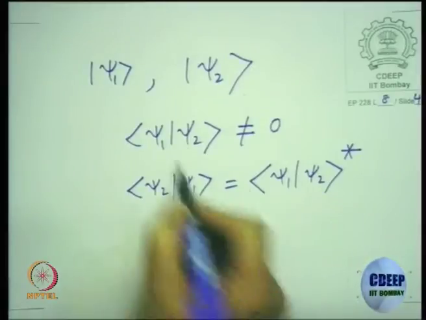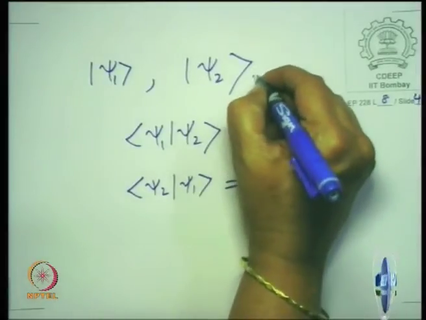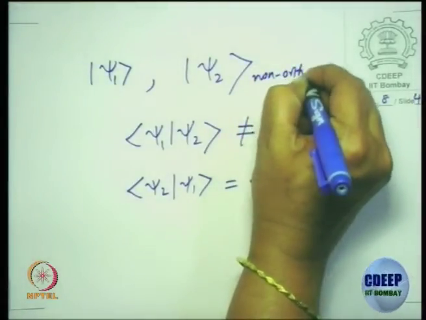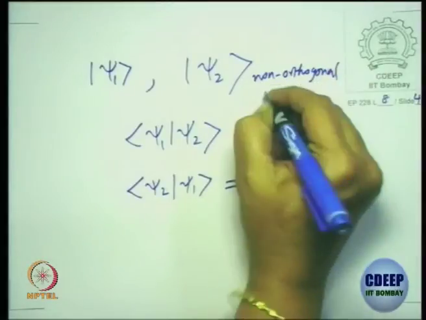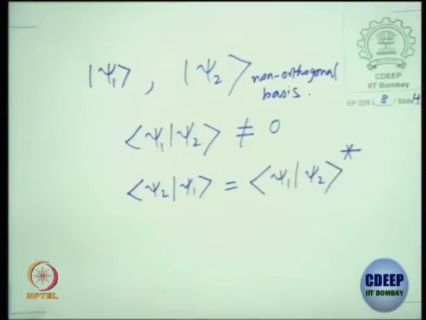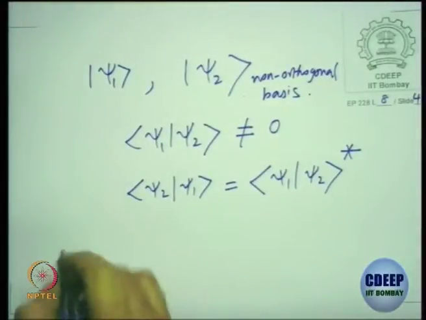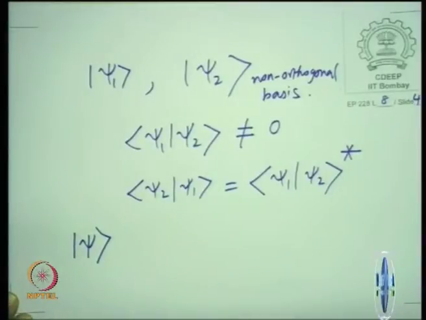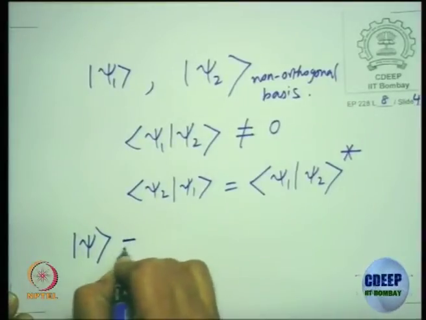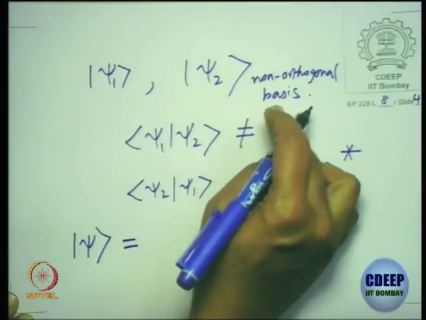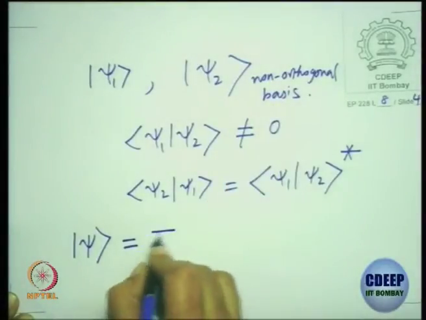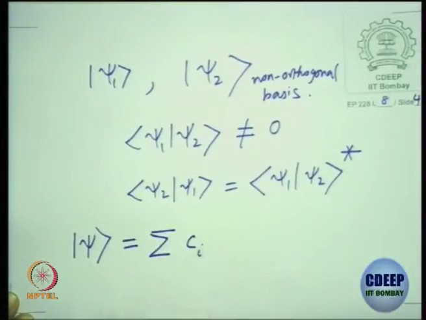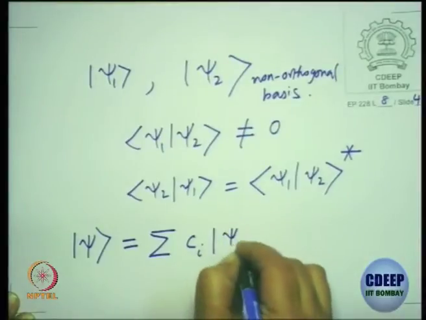So, this is the meaning of saying this is a non-orthogonal basis. What is the meaning of basis? If I want to write any arbitrary state, once I call this a basis, I can use some complex coefficients on psi i.